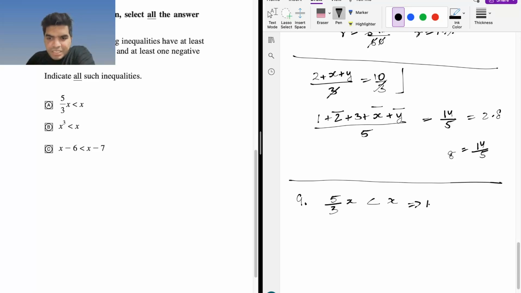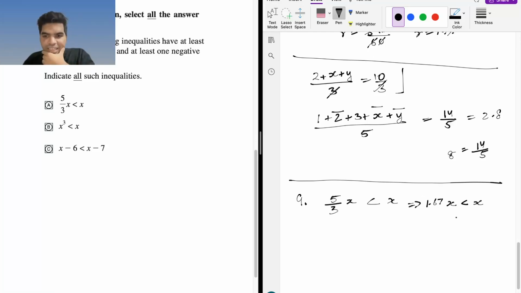Try to understand it in this way: 5 by 3 is rewritten as 1.67, so 1.67 x is less than x. If x takes a positive value, it will always be false. It can never happen that 1.67, a positive number greater than 1, multiplied with a number gives something less than that number. Not possible. So the only solution it has is on the left-hand side.